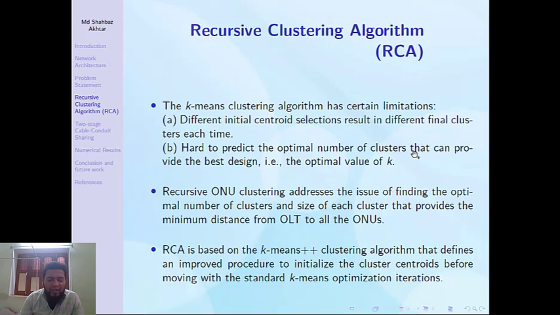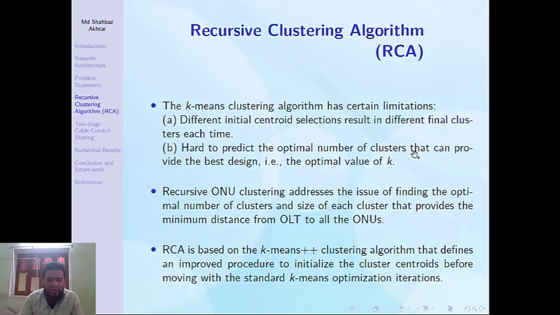So in recursive ONU clustering, for each number of clusters, we iteratively and recursively form the clusters up to a certain threshold value, and among these, for each cluster size, we decide the best cluster.